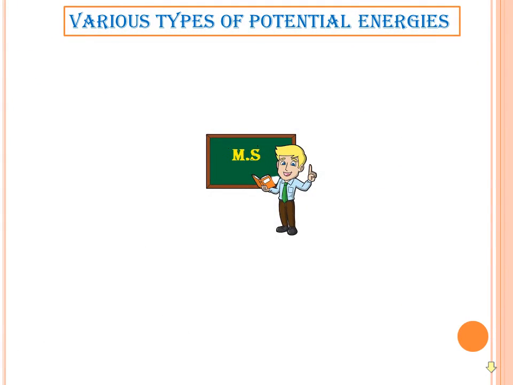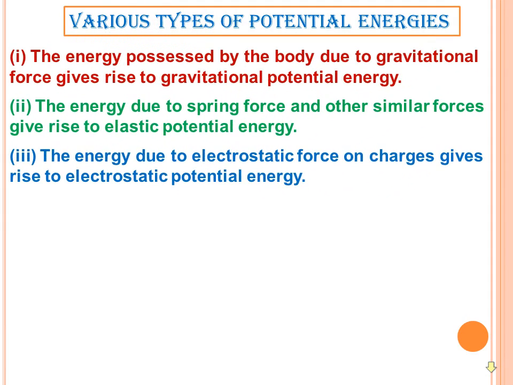Various types of potential energies. The energy possessed by a body due to gravitational force gives rise to gravitational potential energy. Second, the energy due to spring force and other similar forces gives rise to elastic potential energy.